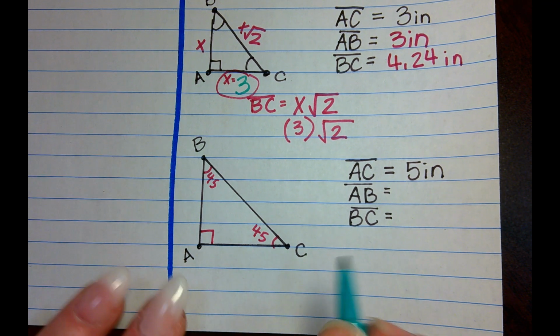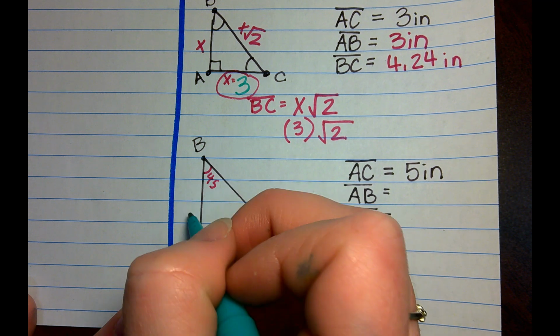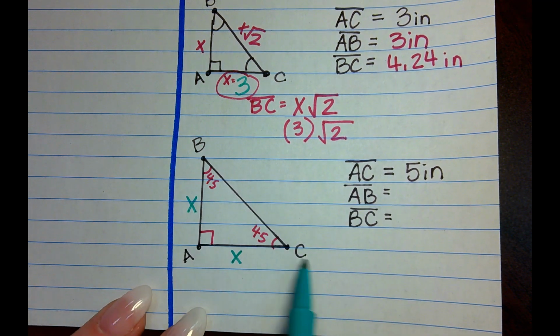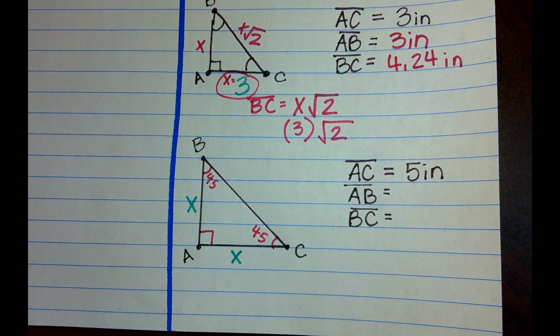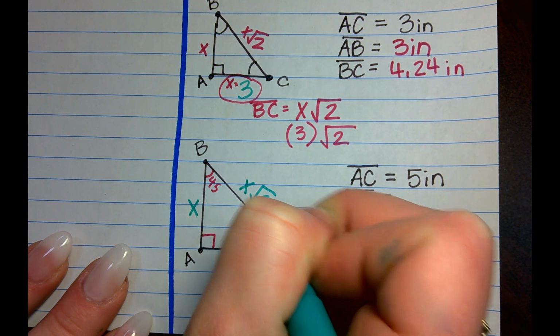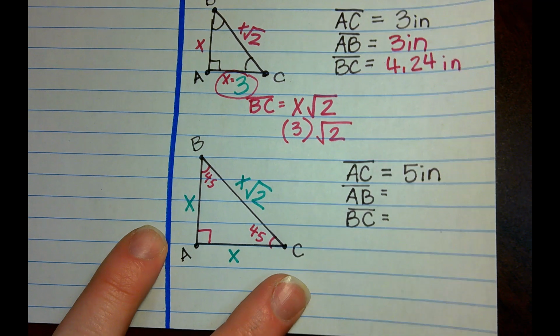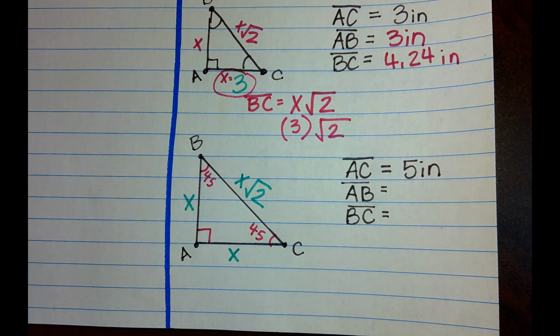AC and AB. AC is x and AB is x. There we go. What's our hypotenuse labeled as? x times radical 2. Good. So this is what we start with. Now, what side length was given to us?